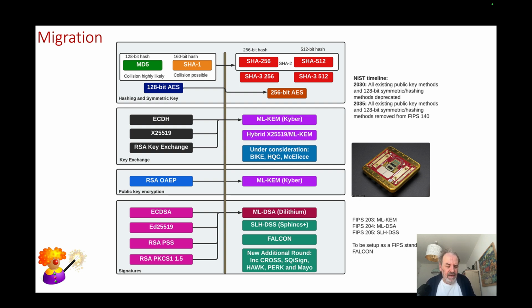So the migration overall, this is what we would see. We see the hashing methods must move to SHA-256 and SHA-3. Our AES methods for our symmetric key must move to 256 bits. So this is defined by 2030. Then our key exchange methods, we use elliptic curve Diffie-Hellman.